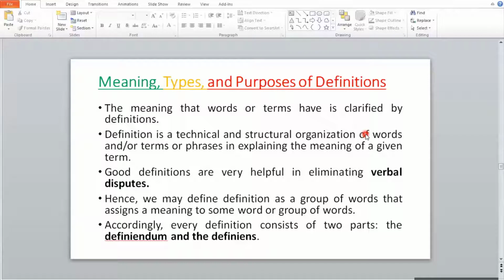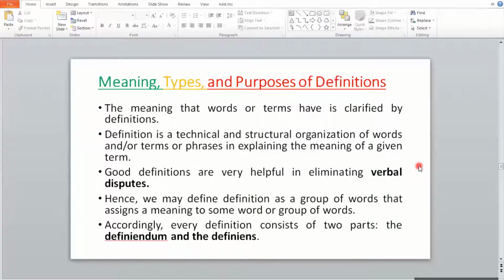So we have taken that good definitions are very pivotal and crucial to reduce or eliminate a kind of verbal dispute, because when we use definition in a proper manner, or when we stipulate a good definition for terms, we can eliminate conflicts that arise from verbal disputes.